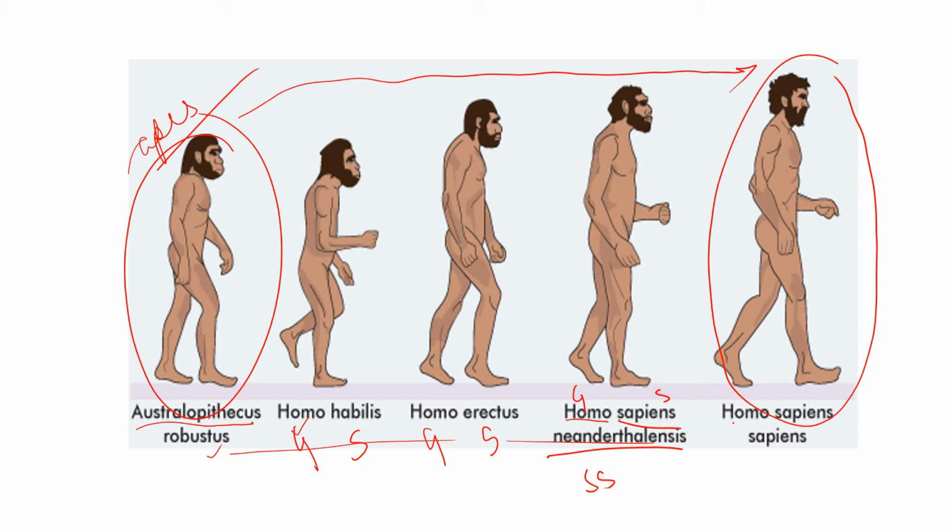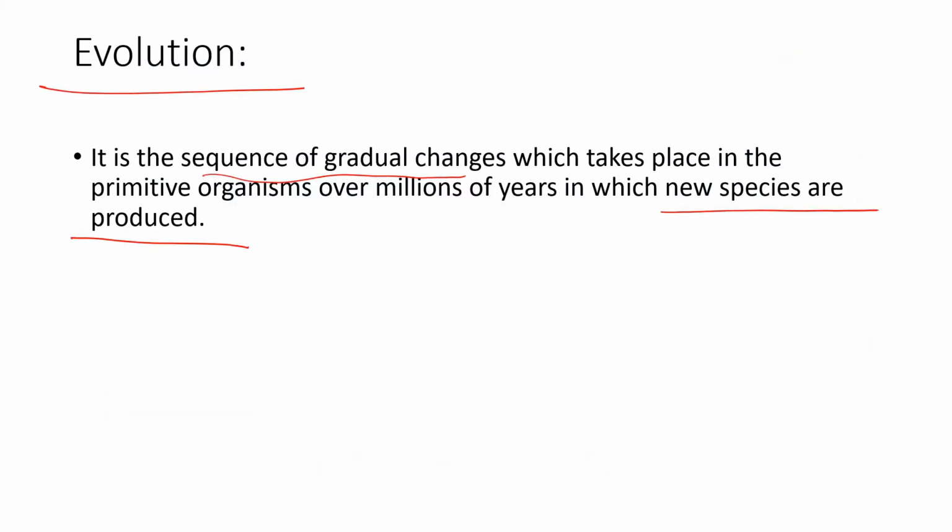And then the modern man, Homo sapiens: Homo is the genus, sapiens is the species, and sapiens again is the subspecies. So gradually we can see that the genus has changed, and accordingly the species have also changed over millions of years, which means that as the organism keeps on evolving, the species also keeps on changing.